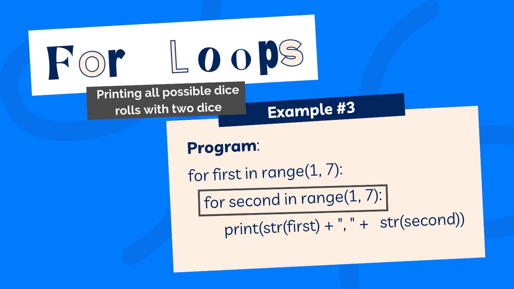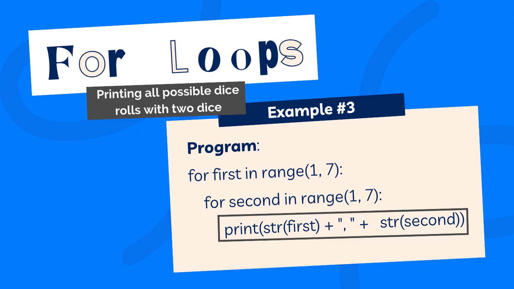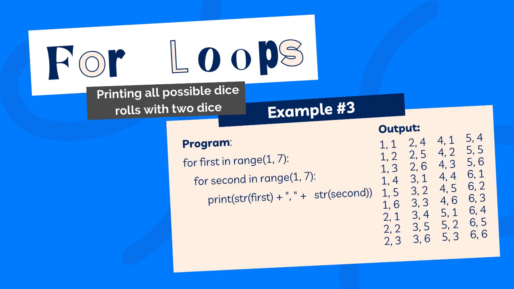The code inside the second loop, print first plus comma plus second, will print the current combination of this row. Here's the output that we will get.